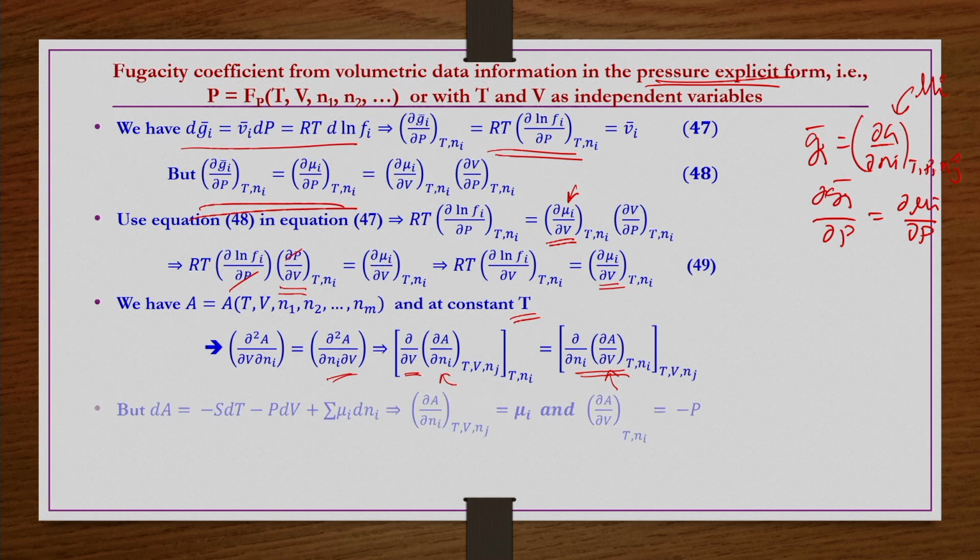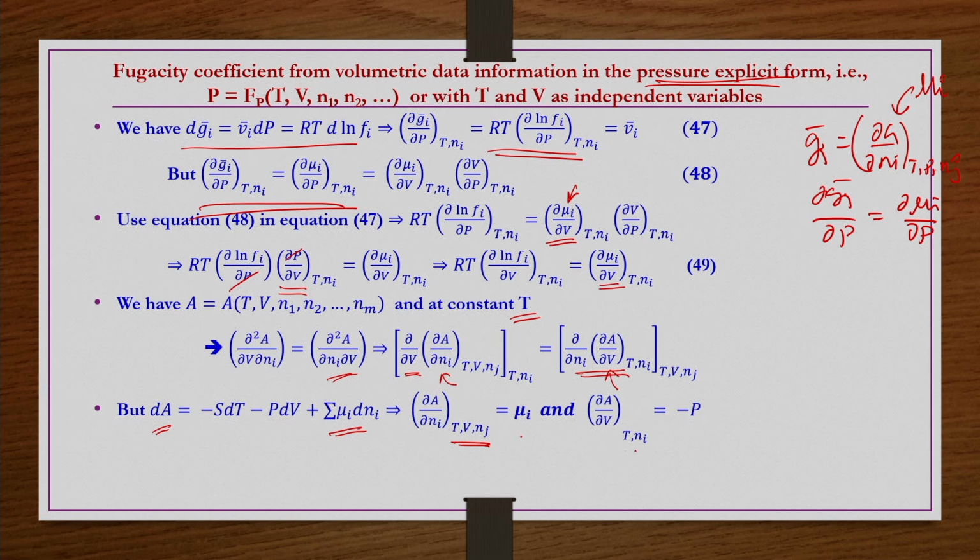We have the equation dA = −S dT − P dV + Σ μi dNi. Now, at constant temperature, volume and Nj, if you partially differentiate this equation with respect to Ni, keeping temperature, volume and moles other than Ni constant, that is Nj constant, then ∂A/∂Ni is nothing but simply μi.